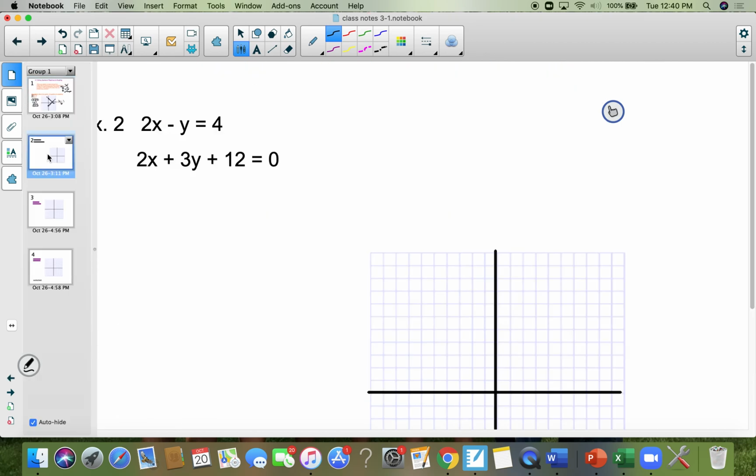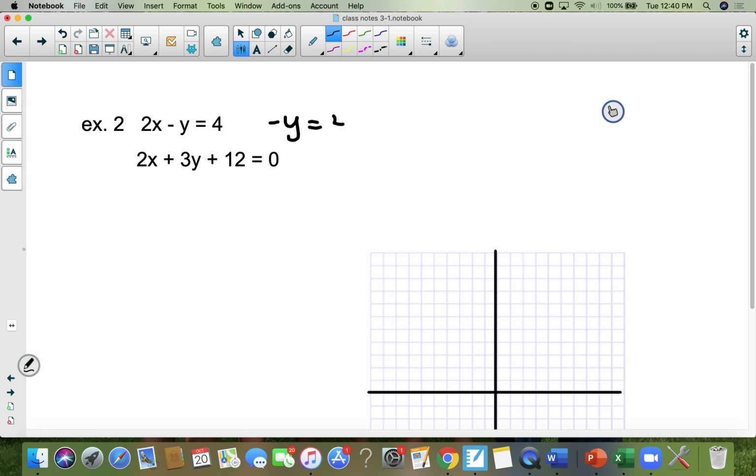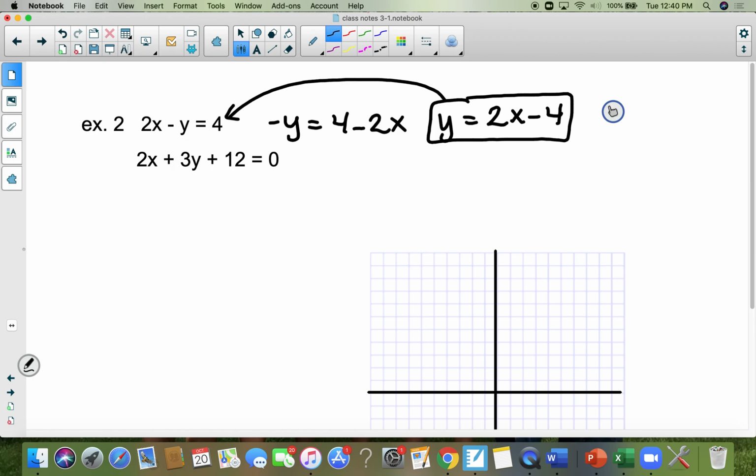Okay, the next one, example number 2. The first thing I'm going to do is subtract 2x to both sides and change them all to their opposite. So I changed them all to their opposite. So here's my new equation by getting y alone for that one.